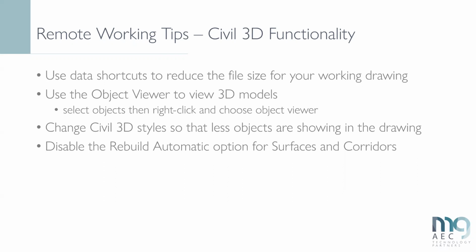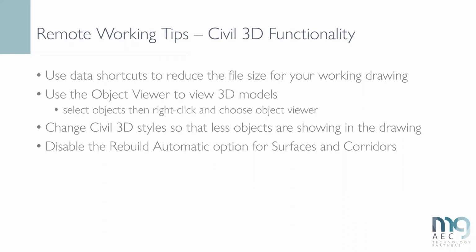Use Object Viewer to view 3D models as opposed to orbiting around. This is going to, again, reduce that graphic performance taxing needed to orbit a large model. Most users aren't orbiting an entire model in their actual drawing space. They're going into Object Viewer for that purpose already. Change your Civil 3D styles so that less objects are showing in the drawing.